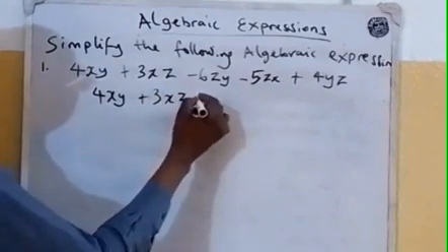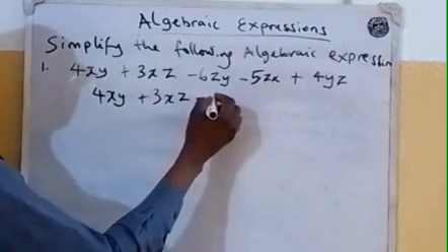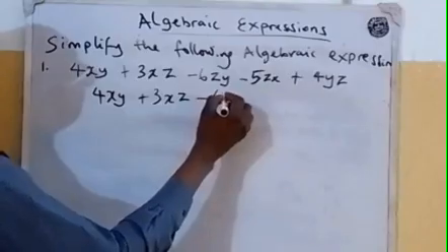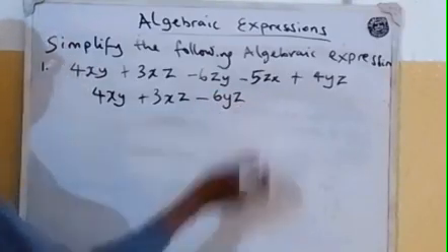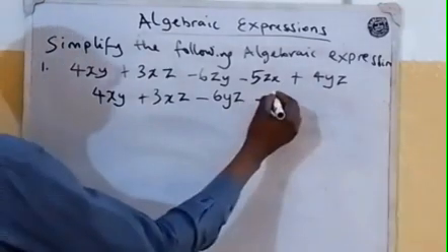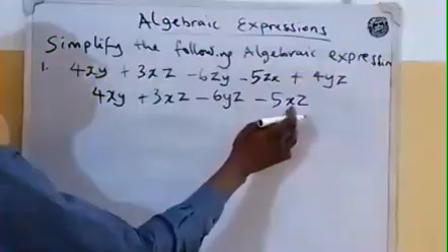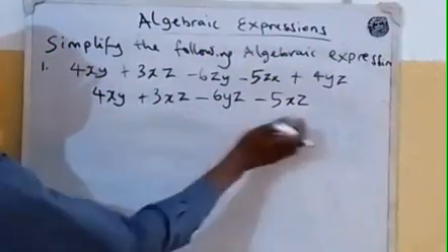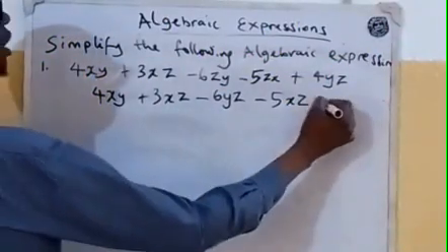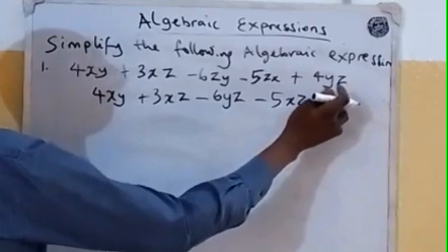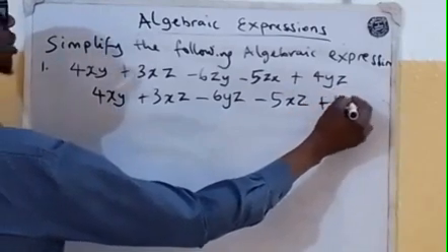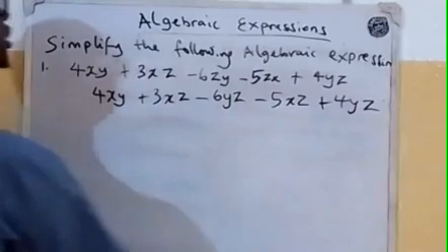Minus 6yz, because y comes before z, then minus 5xz, because x comes before z, so that this one and this one are already looking alike. Then 4yz, y and z is correct like that. So I've arranged so that I can quickly inspect.